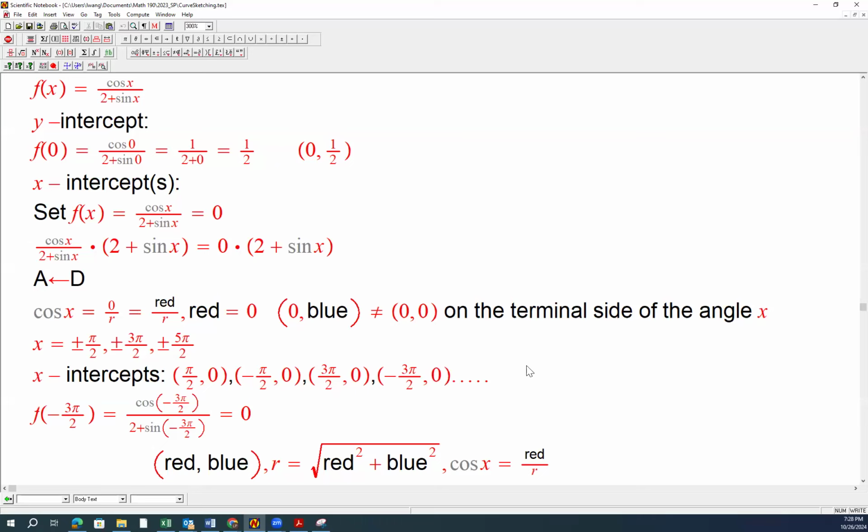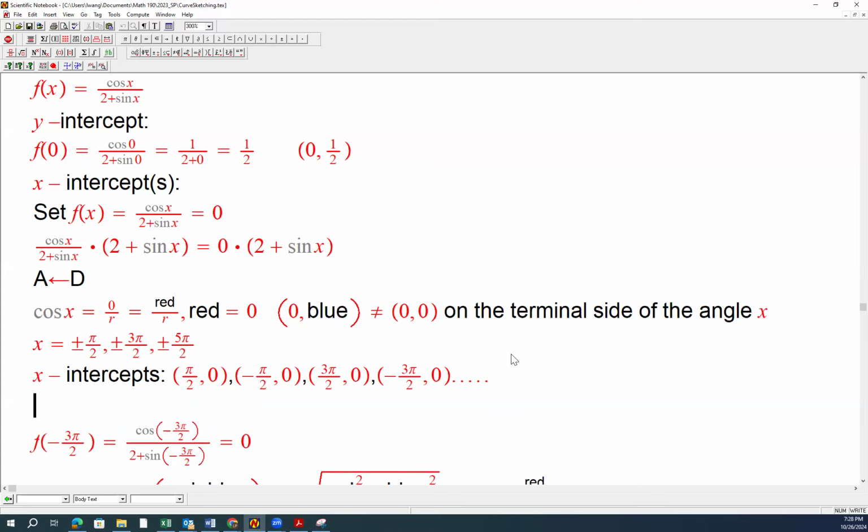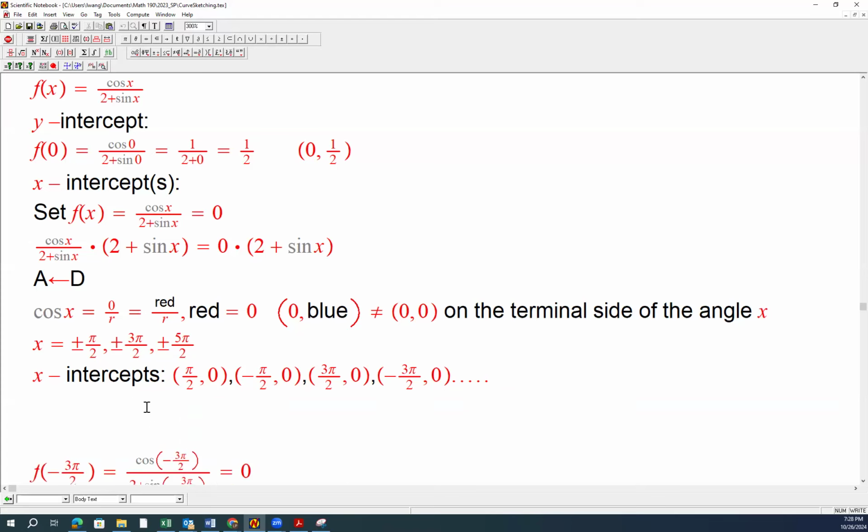But how do we express them overall, in general? The general expression would be the odd number multiples of pi over 2, right? 1 times, 3 times, 5 times. So the odd number multiples are 2k plus 1. 2k plus 1 is always an odd number.